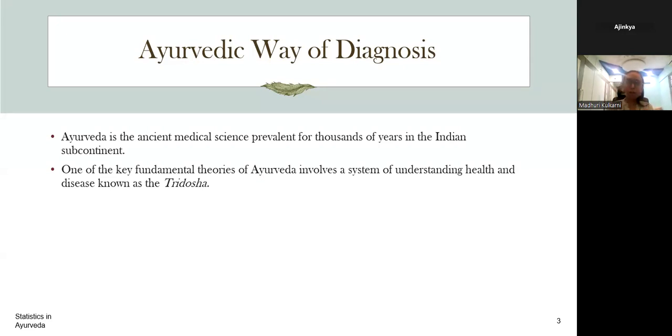I'm not an Ayurveda doctor, but I roughly know that once the Prakriti identification is done, then accordingly the diagnosis or the treatment is to be carried out. So Prakriti identification is a very important aspect of Ayurvedic treatment.